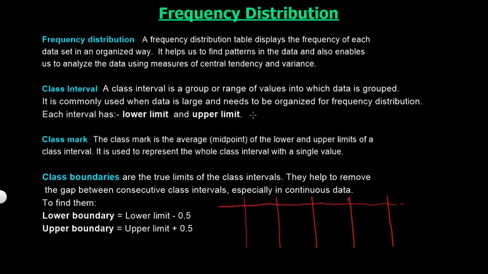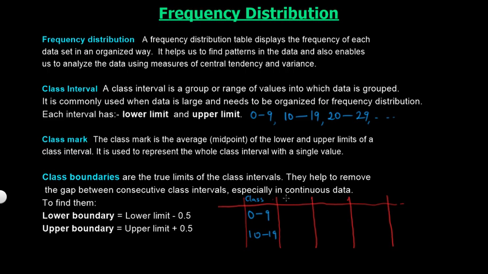You can have a class interval of 0 to 9. Any student who scores 0 to 9 falls into this. 10 to 19, 20 to 29, and so on. So this is a class interval. Let's take, for example, we have it here, class interval. So if we are dealing with class interval of 0 to 9, 10 to 19, you write it this way.